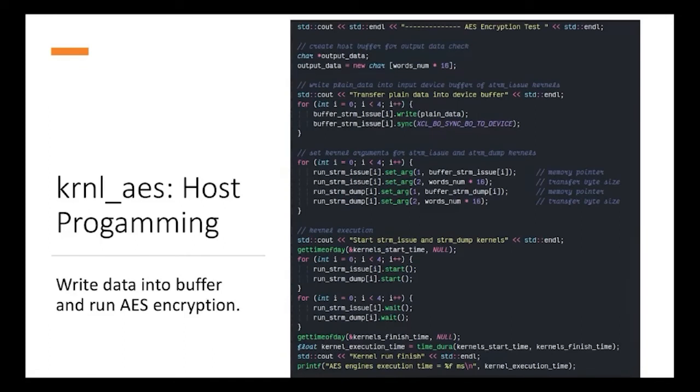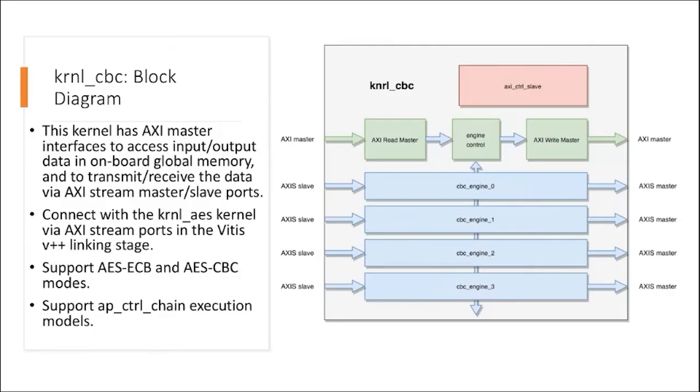Okay, so I will continue with the presentation. Next, we will see the implementation of the kernel CBC design. This is the block diagram of the kernel CBC. This kernel has an AXI master interface to access input and output data in onboard global memory, and to transmit and receive data via AXI stream master and slave ports.